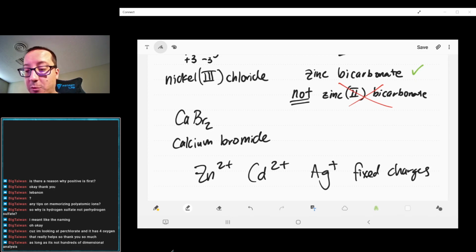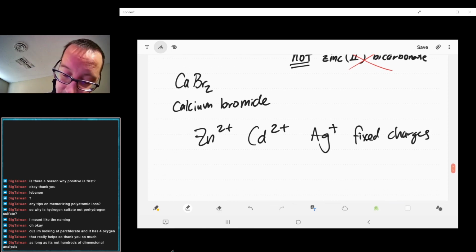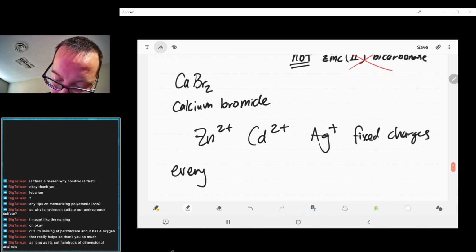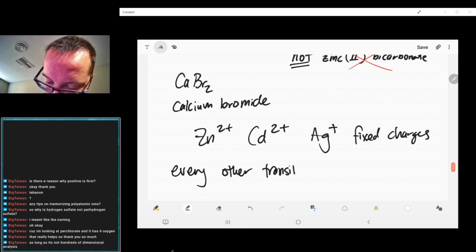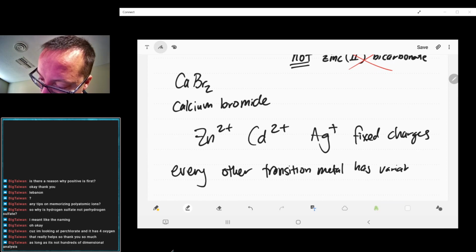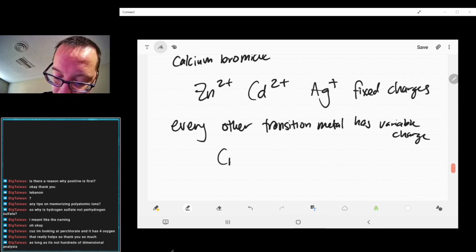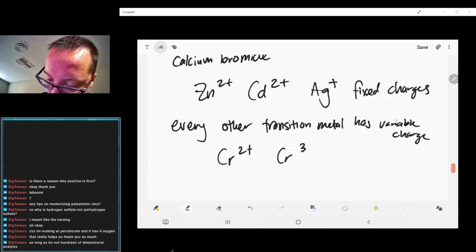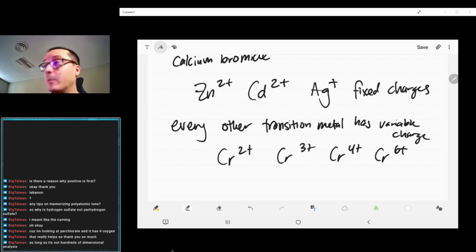All right, but we're going to assume every other transition metal has variable charge. So chromium does these four very often.